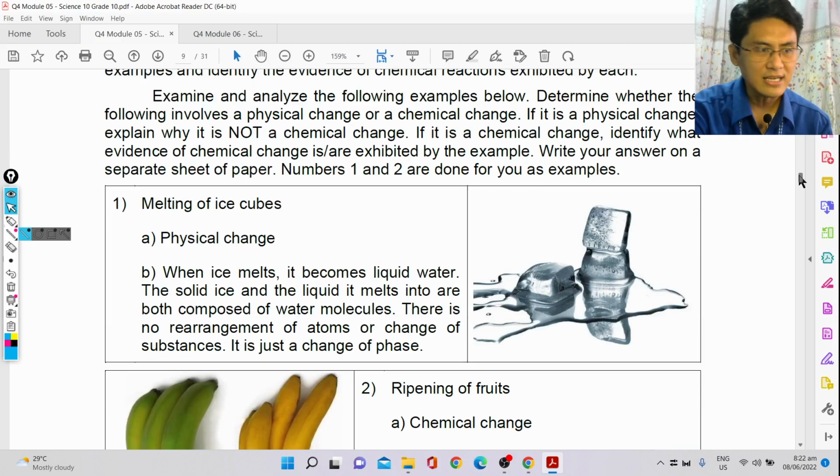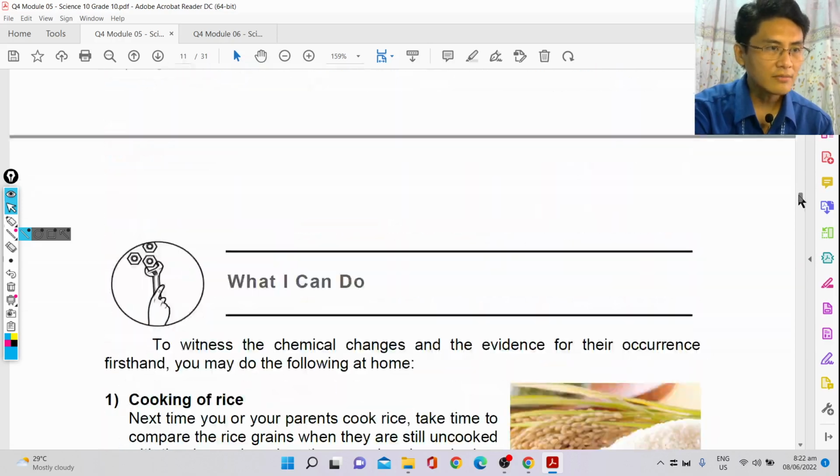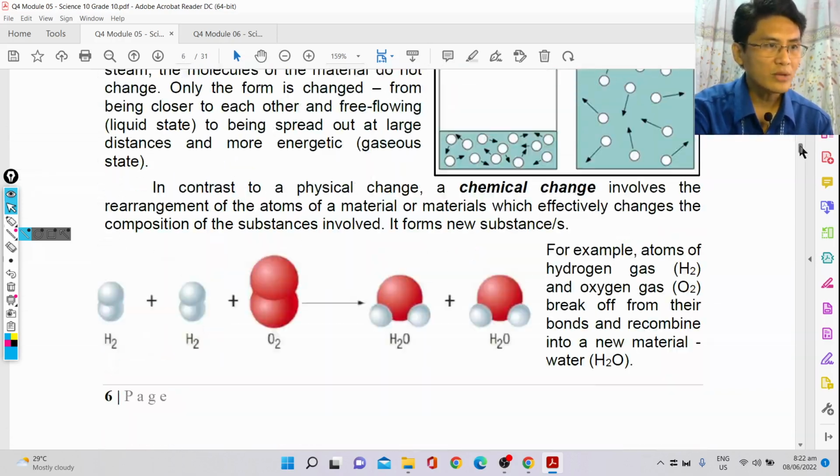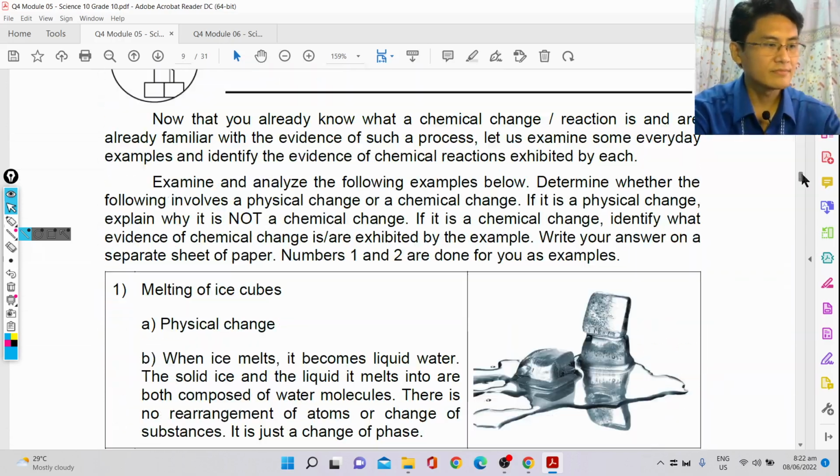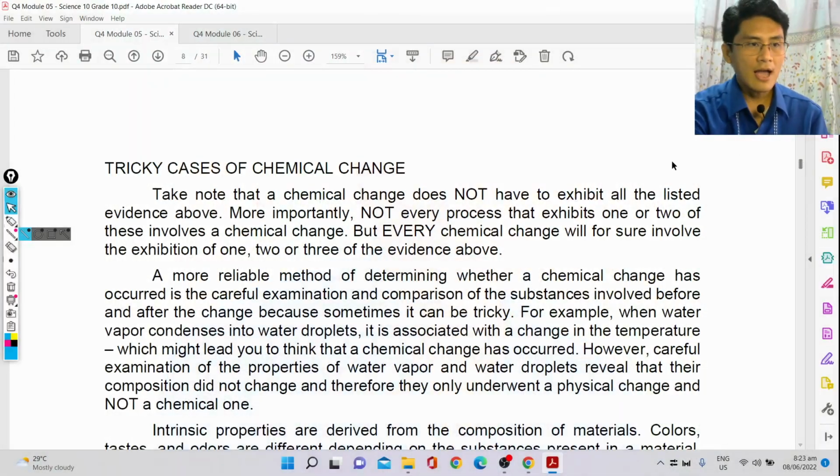But the idea is that there are what we call tricky cases of physical and chemical change that you have to be aware of, right? And it's not as simple as, okay, there are evidences of chemical change and therefore it must be a chemical change.